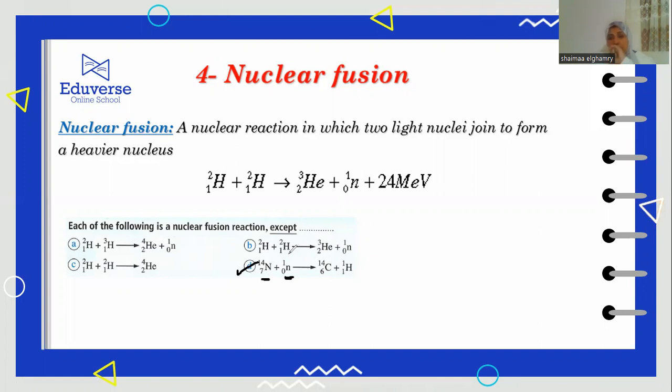Usually fusion is related to hydrogen with all its isotopes. So nitrogen is projectile with neutron to give carbon 6 14 plus proton. So this is fission, not fusion. The rest are representing fusion.